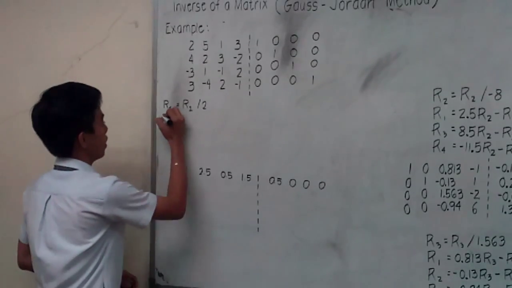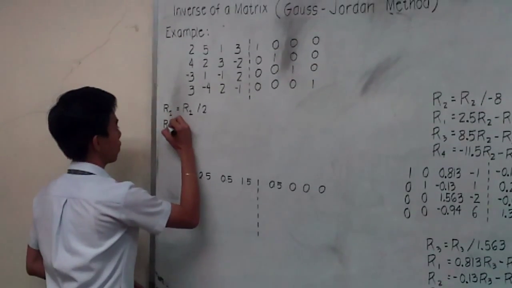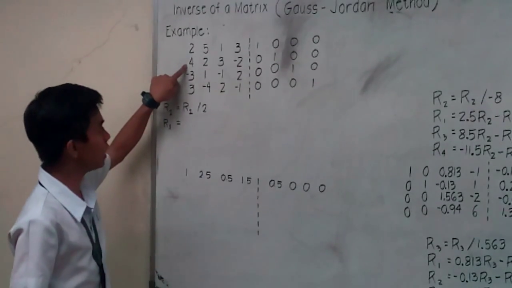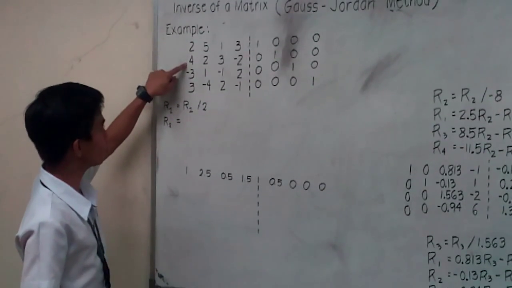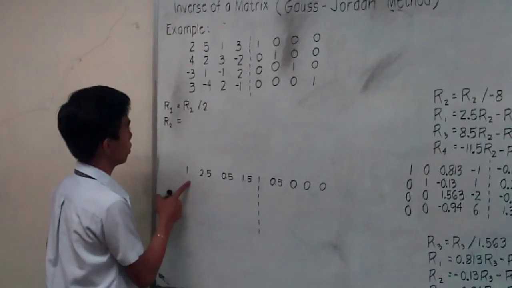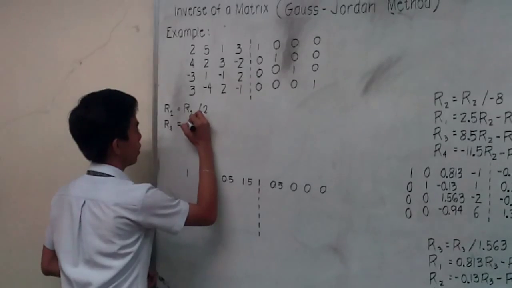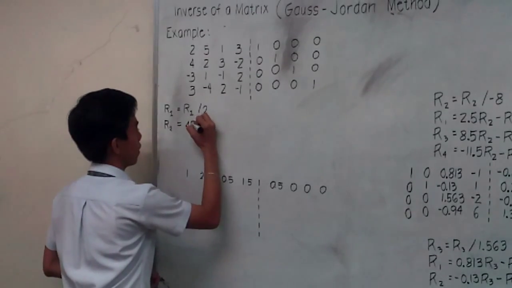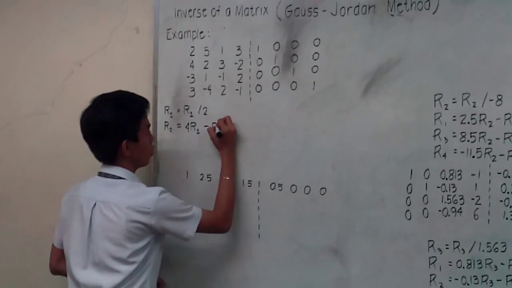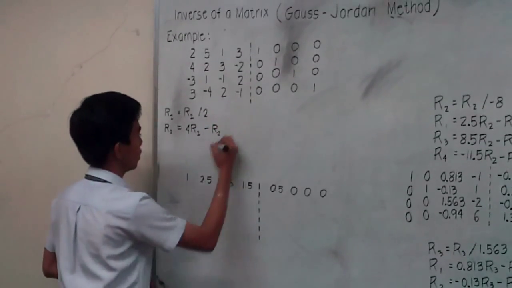And then row 2, since this element has to be equal to 0, what we're gonna do is to multiply the first row by 4, and then subtract it from the second row.